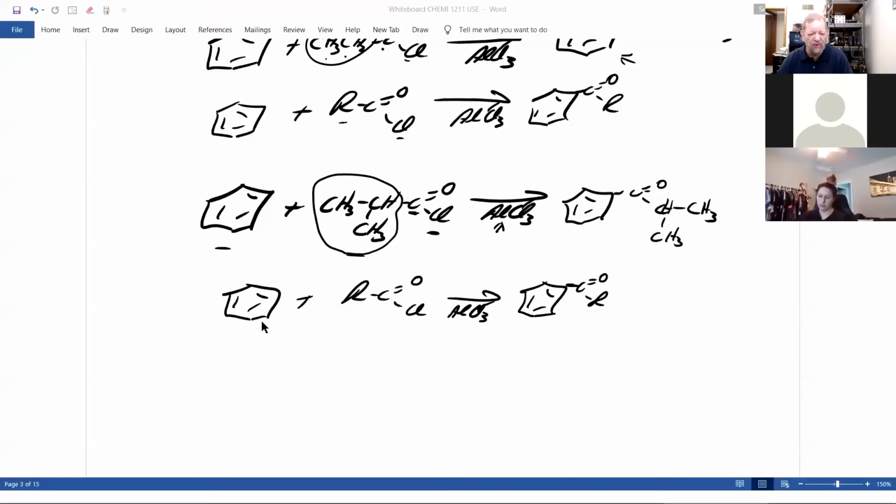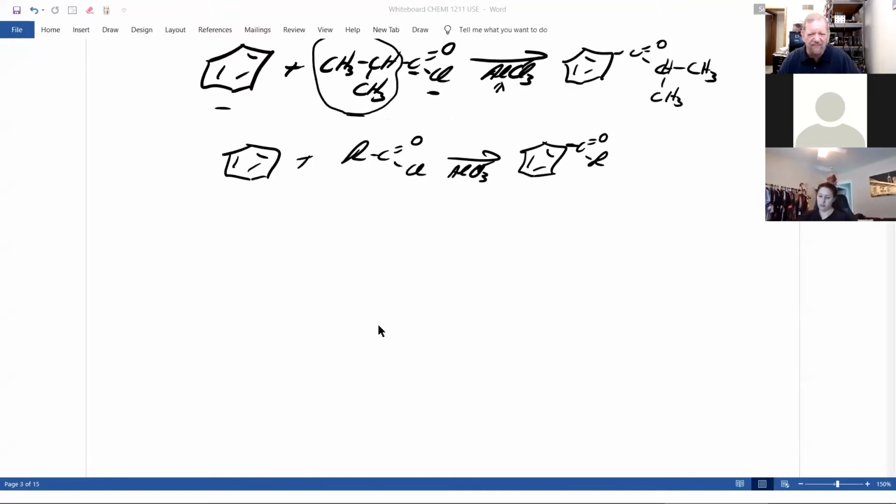And we're talking about how to make aromatic ketones by Friedel-Crafts acylation, which is this reaction right here. And remember, on test number 2, there'll be a couple more synthesis. So let's practice a synthesis.